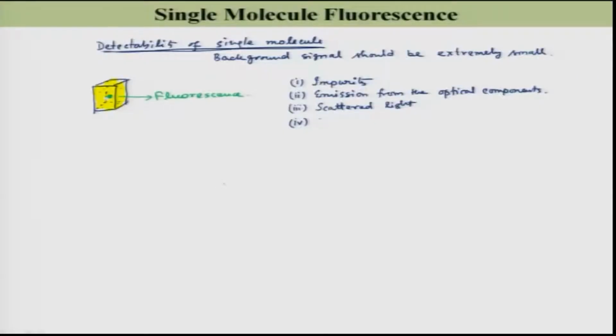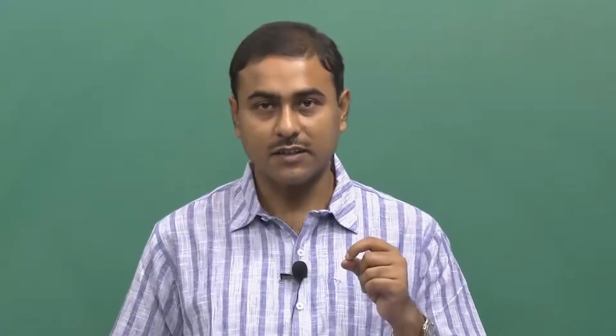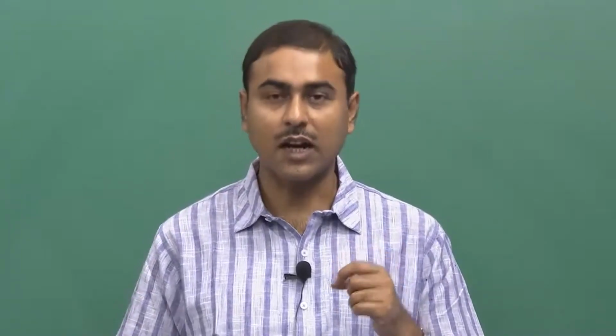And number 4, I can think of all these different issues. Number 4 is the dark count of the detector. I already mentioned that the dark count of a detector is because of thermal electrons.